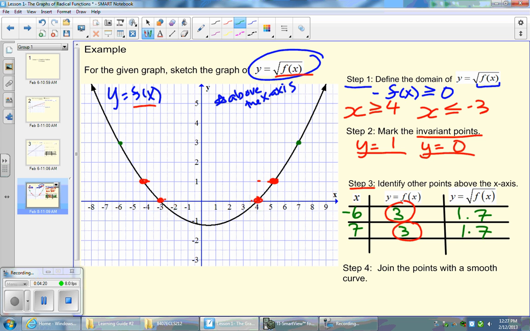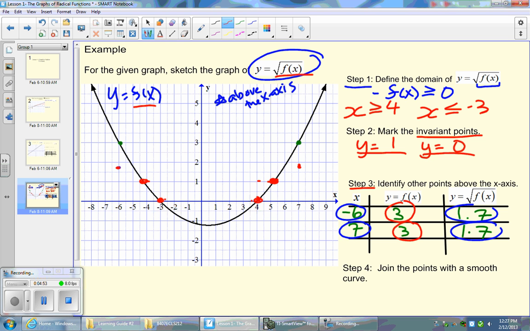Now graph these 2 points. One point at -6, 1.7, which is about here. And the second point, I'll do that in red, is at 7, 1.7, right there. I believe we have enough points to draw this graph.